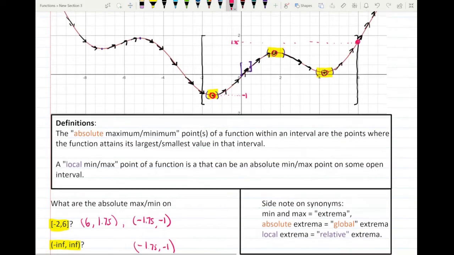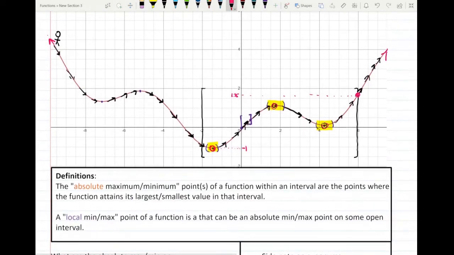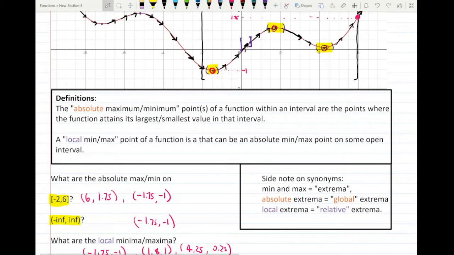But our maximum point changes. In fact, we have no maximum point because this mountain kind of shoots off into infinity on both sides. So this function has no absolute maximum across its entire domain, the entire real numbers. So no maximum.